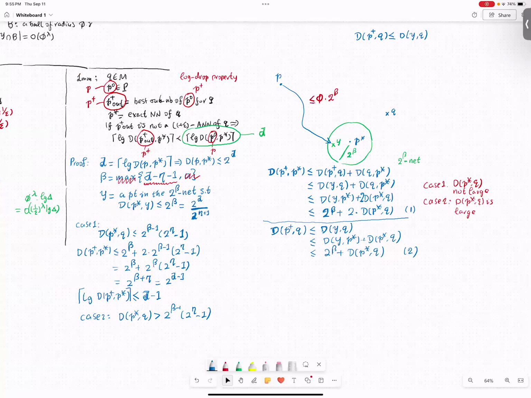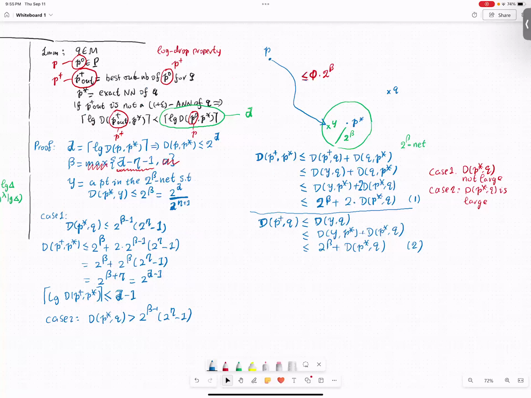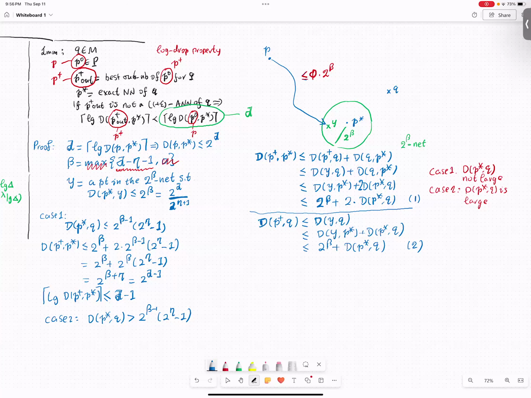If this is true, we apply inequality 2. From 2, if you divide both sides by d(p*, q), what you get is d(p+, q) divided by d(p*, q), which is less than or equal to 2 to the beta over d(p*, q), plus 1.